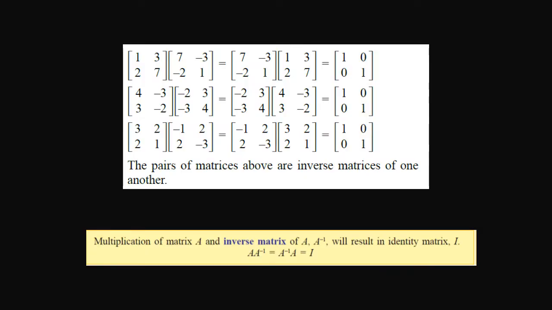So this is an example for you. If you have this matrix, let's say this is matrix A, and you multiply it with another matrix, let's say it's B, and when you multiply B with matrix A, you will get the identity matrix.